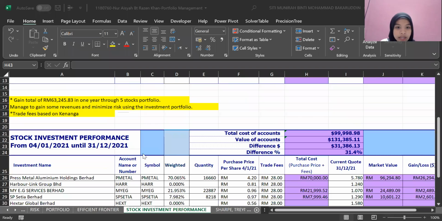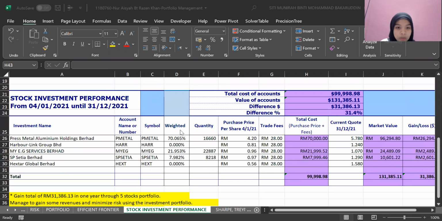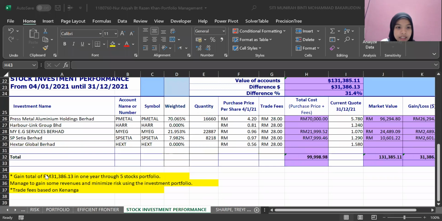While when I use the new method, which I get from using a solver, I gain a total of 31,386 ringgit in 1 year through these 5 companies and managed to gain some revenue and also to minimize risk using this portfolio investment. And also the trade fees is based on Kenanga.